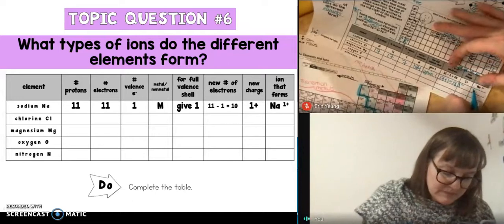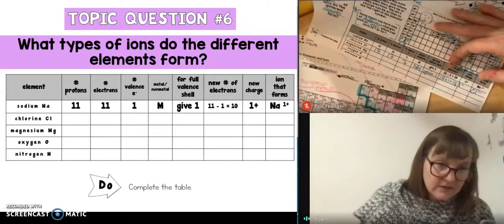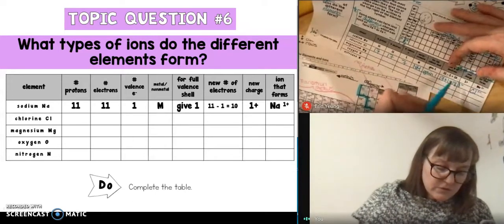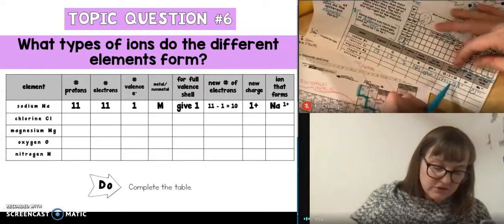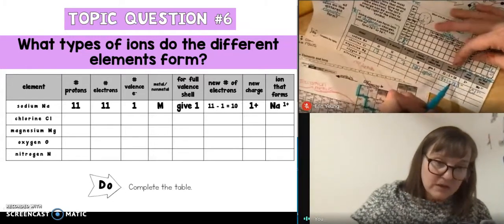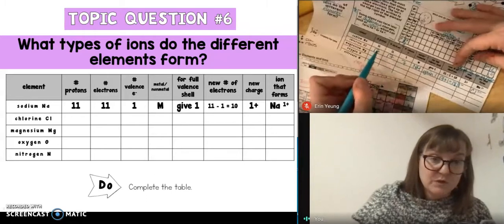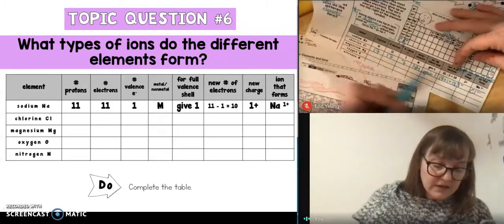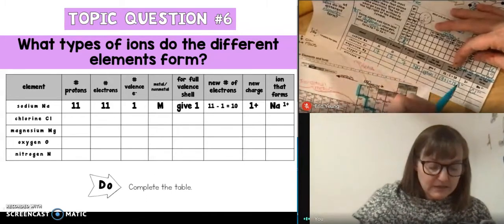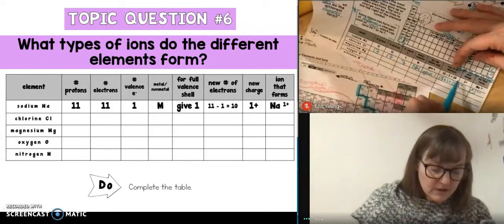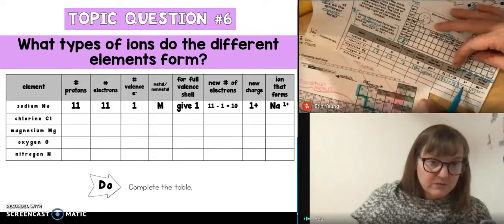So it will become Cl1 minus. To find the charge, look at how many more electrons or protons you have. If you have more protons, it's positive, and if you have more electrons, it's going to be negative. That's how you determine the positive or negative: which one you have more of.